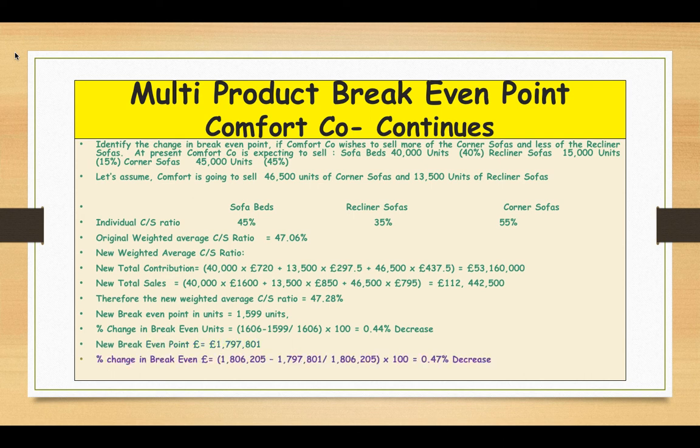That also has gone down. The percentage change in break-even point in money value is a decrease of 0.47%. So the conclusion is, if a company sells more of its high contribution to sales margin product, the break-even point will go down. They can start making profit more quickly.